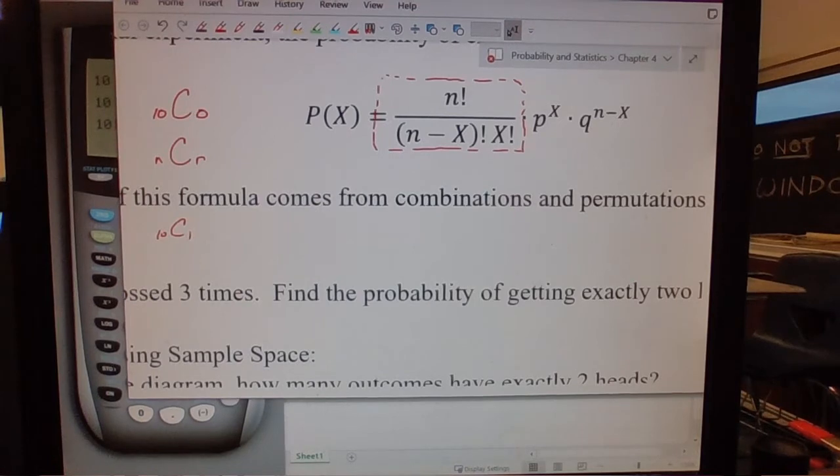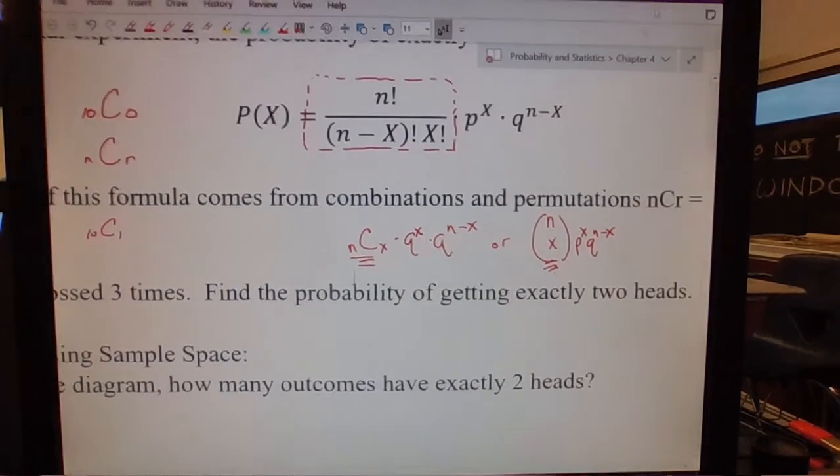You might also see something written like this: N, C, and then they'll use X or R. A lot of times they use R. But then they'll say times P of X times Q of N minus X. Or you might see something like this where it says N choose X, and then P of X times Q of N minus X. This is just an alternative notation for saying the exact same thing. So those are a few different tools that you might recognize.